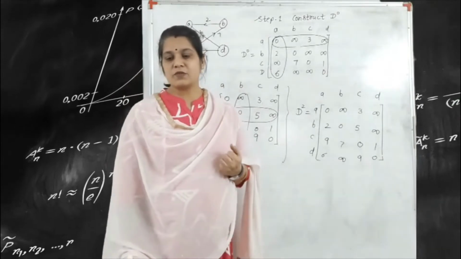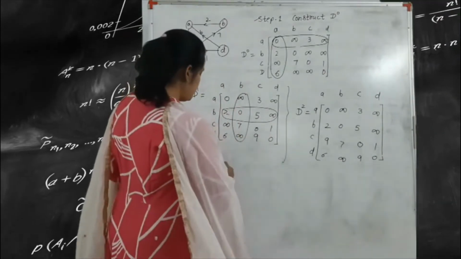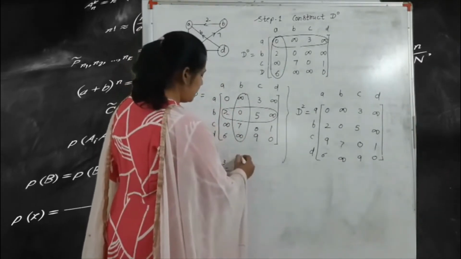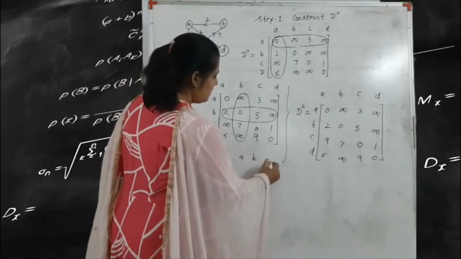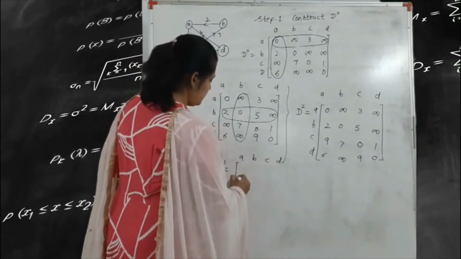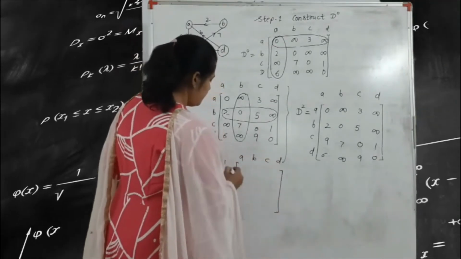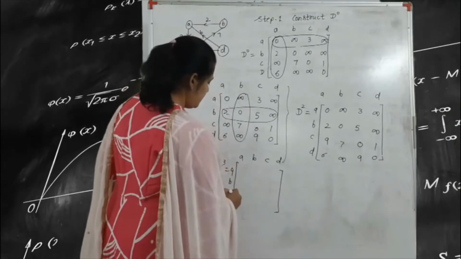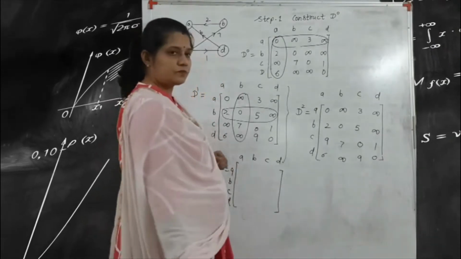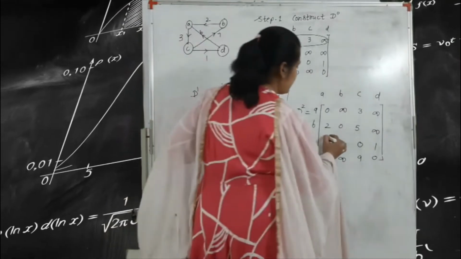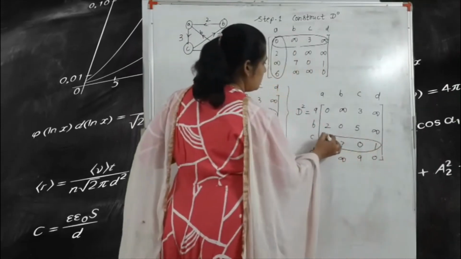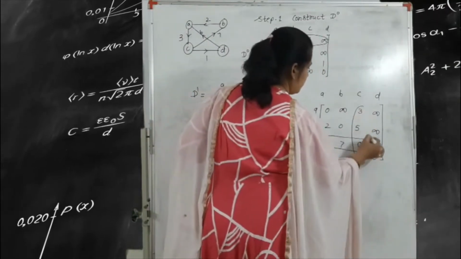Next step is we find the D3. For finding the D3, again we write here A, B, C, D, and here we write A, B, C, and D. Got it? And you highlight here the third row and third column.